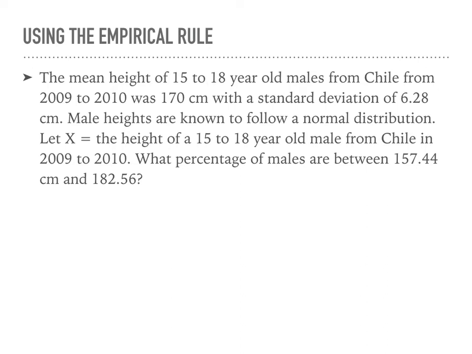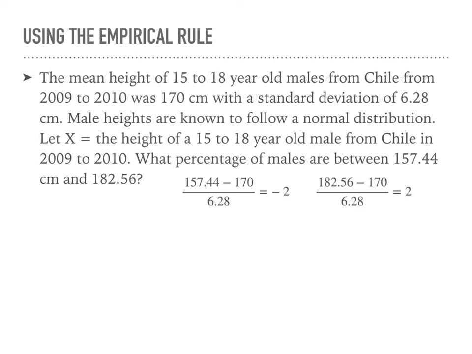Now, in order to use the empirical rule, each of these values needs to be 1, 2, or 3 standard deviations away from the mean, either above or below it. So let's find the z-score of these values to help us determine how many standard deviations away from the mean these values are. Finding the z-score of our smaller value, we take 157.44 minus the mean divided by the standard deviation, and we get -2.